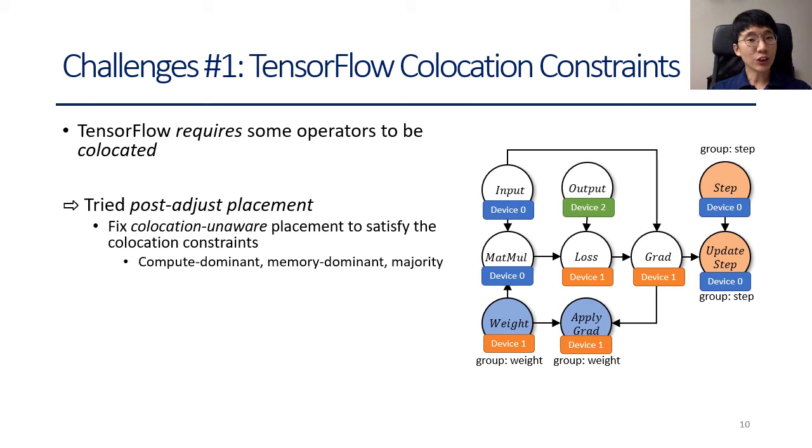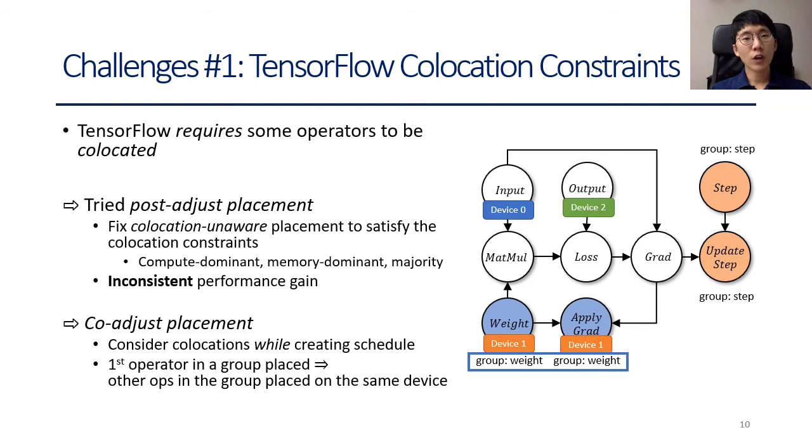To fix this issue, we first adjusted the placement that ignores this requirement. We tried various criteria to move all operators to the device where the compute-dominant operator, memory-dominant operator, or a majority of operators are placed. Does this work? What we observe is inconsistent performance gain.